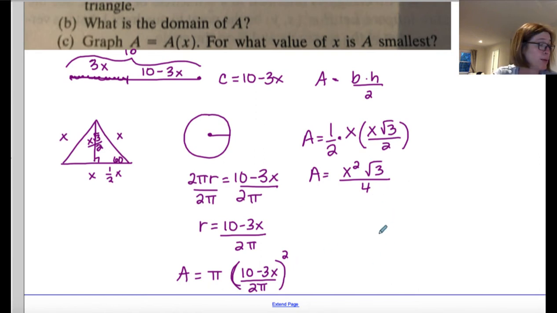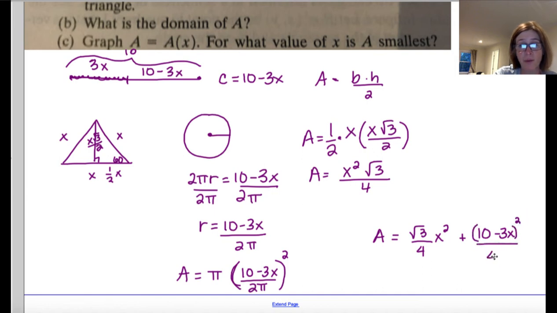The area of the whole figure would be root 3 over 4 x squared plus 10 minus 3x squared, and I'm going to simplify the bottom and make that 4 pi. We can't really square pi because it's irrational, but I could square the 2, giving me 4 pi. So that's the area of the entire figure.